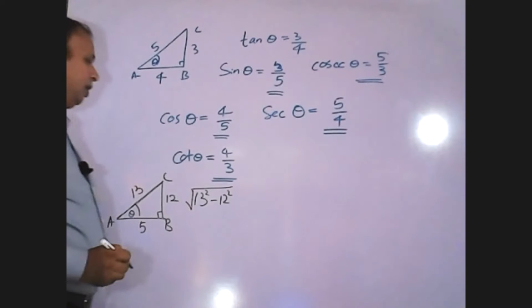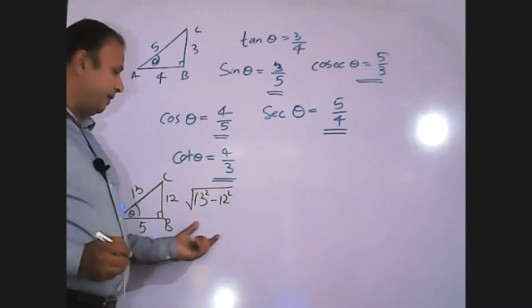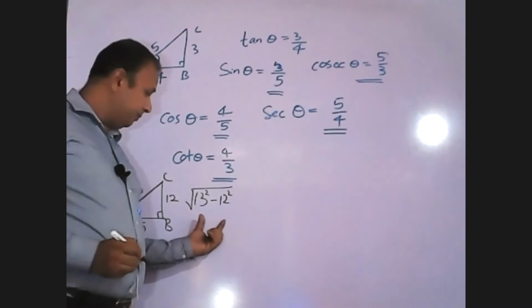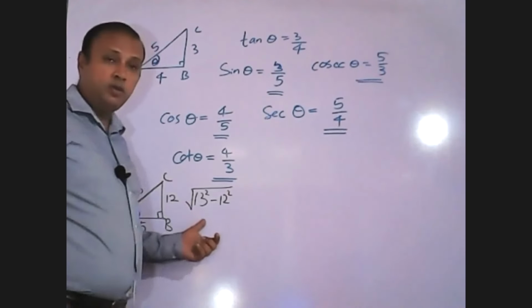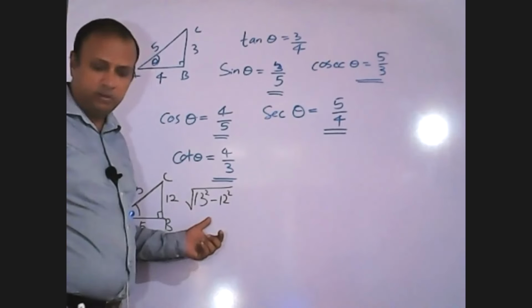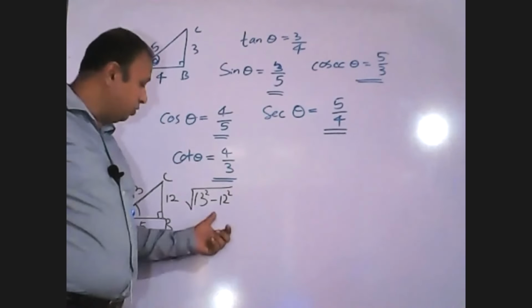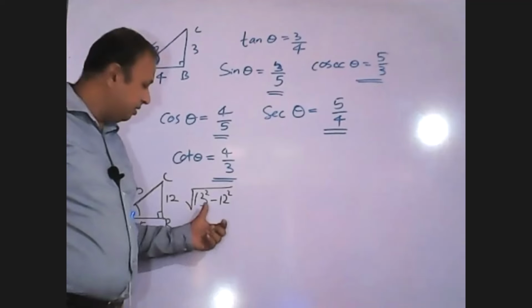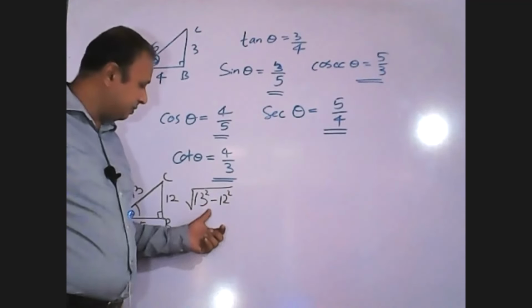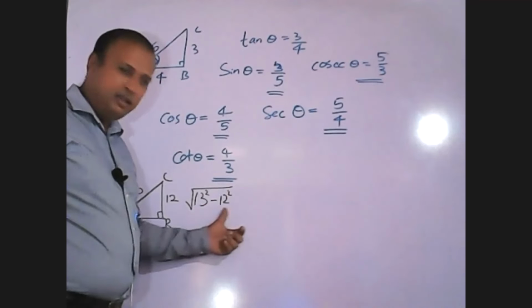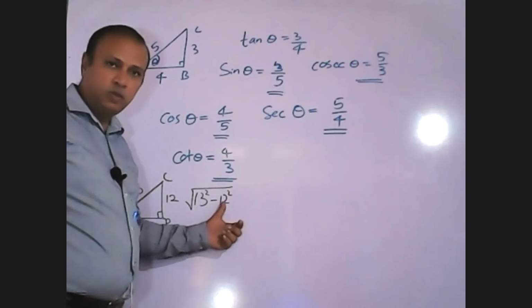Okay. If you have large numbers and suppose you cannot find the exact value very quickly, then you can use the difference of squares method. You can clearly see this is a difference of two squares.